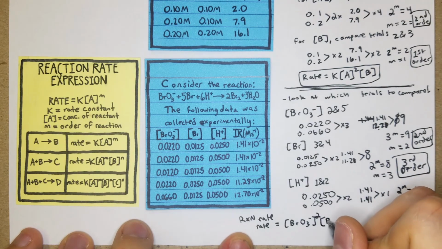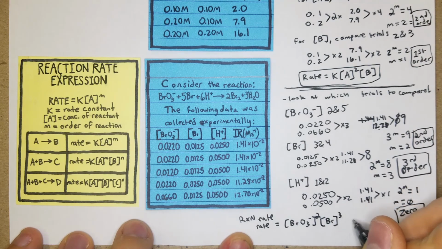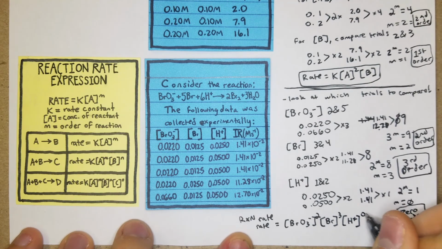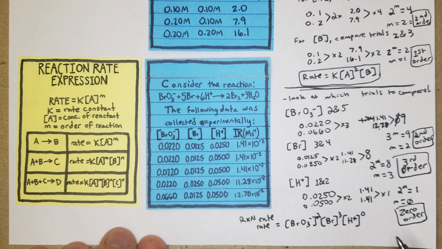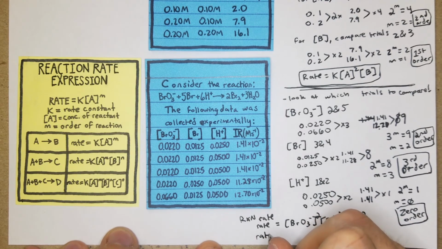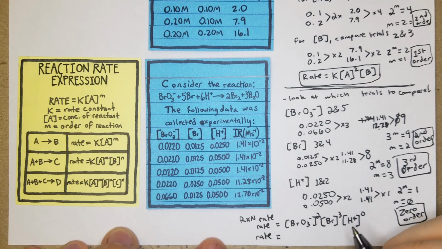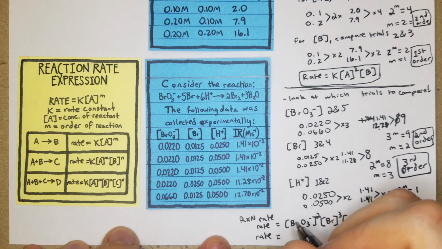Then we have Br- to the third order, and then H+ to the 0 order. We don't usually indicate if it's first order, but in this case we're indicating that it's 0 order, because if there's nothing there, you're going to assume that it is first order, which it's not. And that would affect how you solved for it.